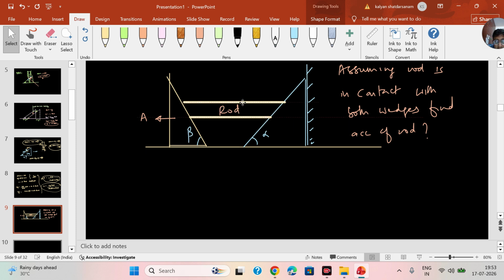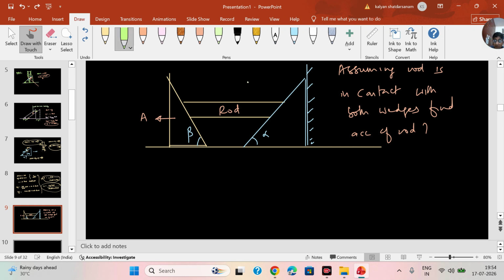See, it was here like this, and I'm just bringing it down. If I bring it down, what will happen? It will penetrate this wedge. That cannot happen, right? The rod simply cannot come down. It cannot create a hole in the wedge and come down. So if the rod has to move, it has to move down and to the left appropriately. That means in some direction like that it has to move.